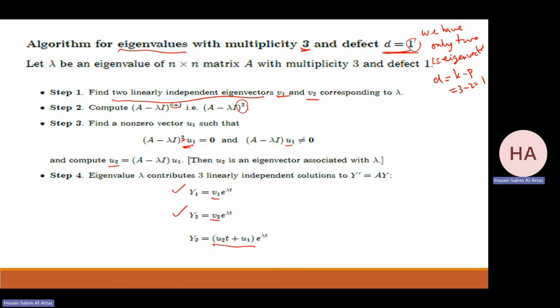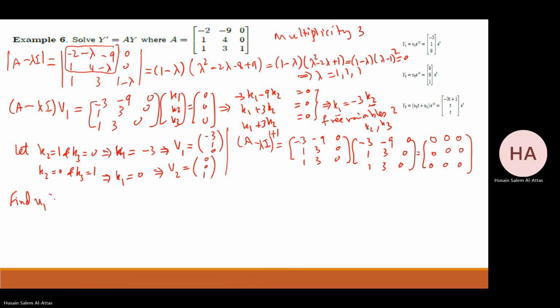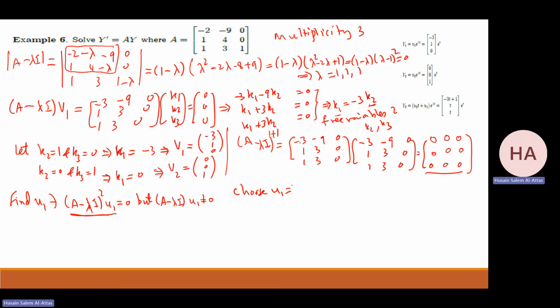So we call it U1, such that A minus lambda I square times U1 equals 0, but A minus lambda I times U1 is not equal to 0. From here, I have no restriction. U1 can be anything. So choose U1 as usual 1, 0, 0. You can choose 0, 1, 0 or 0, 0, 1, it's up to you.